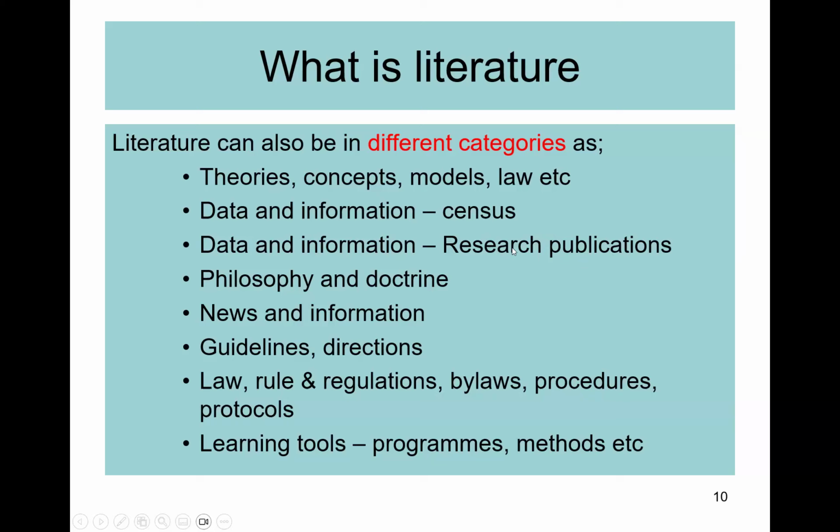Through research publications, you can find analyzed, structured data. They are probably not fresh data; they have already been used for different purposes. They are sometimes in the form of tables, graphs, etc. You can use such data for your research purposes.